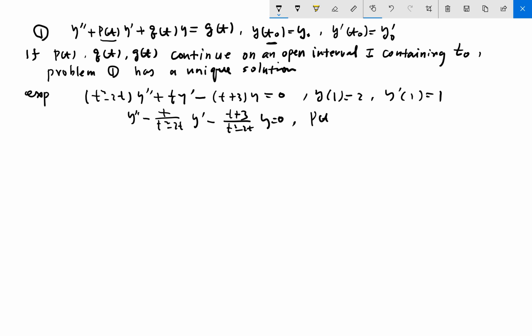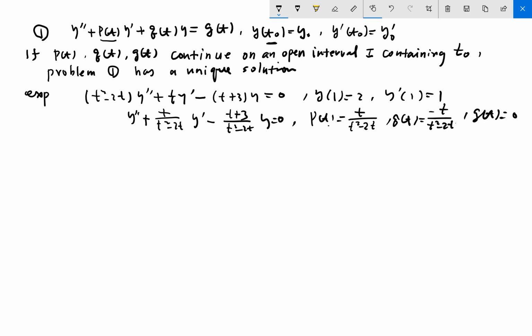Therefore, our p of t here is t over t squared minus 2t. Q of t here is negative (t plus 3) over t squared minus 2t. And g of t equal to 0.